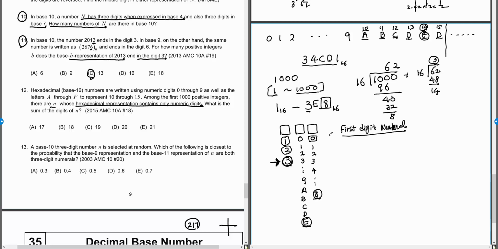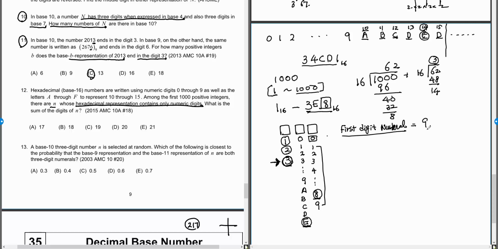First digit only, 1 digit. So the first digit can be 1, 2, 3, 4, 5, 6, 7, 8, up to 9. Up to here, how many numbers are there? 9 numbers. They are all numeric numbers.